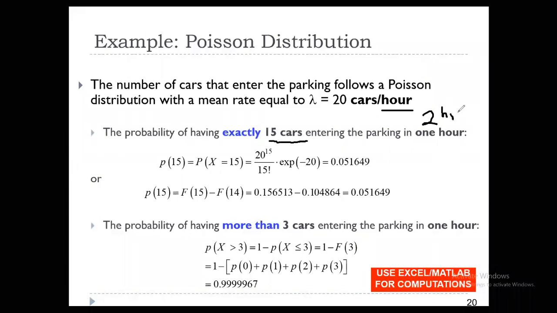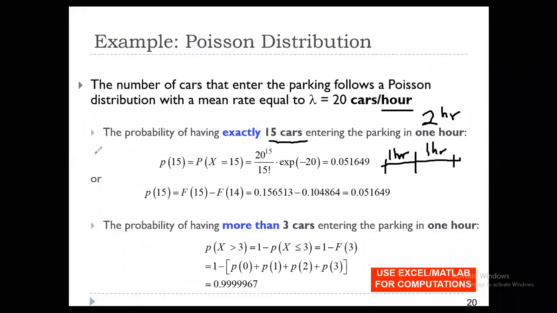In 2 hours means that your interval has multiplied by 2. Your initial defined interval is 1 hour, so you've increased it 2 times, which means that your distribution function will be modified a little bit.